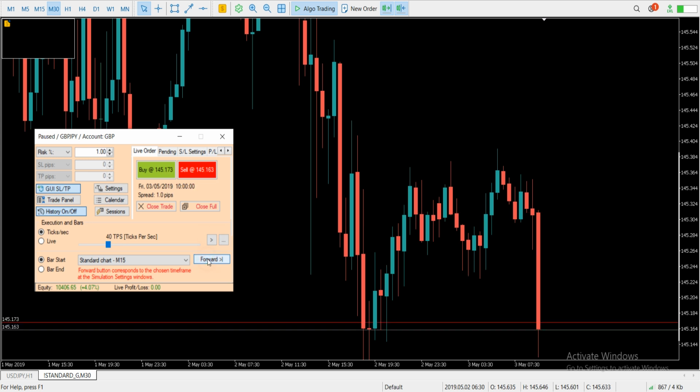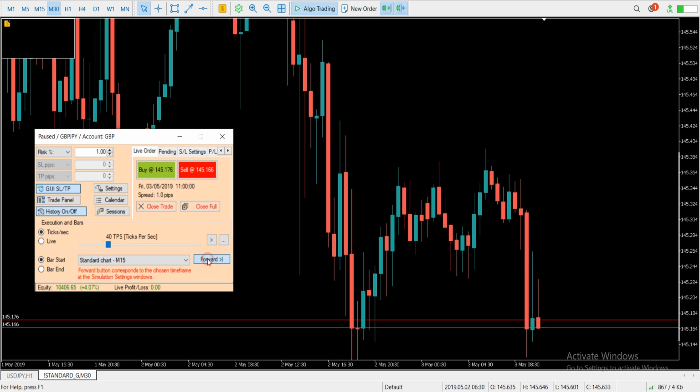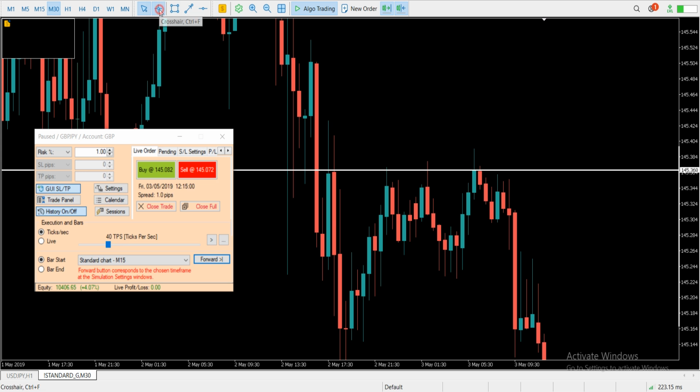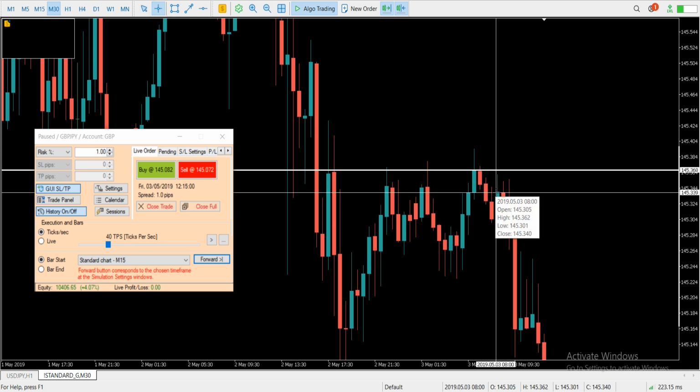Forward. Okay, I think that thing didn't happen. Like I was expecting that price is gonna break above this because the 4-hour candle started right here, around here. Okay, here.